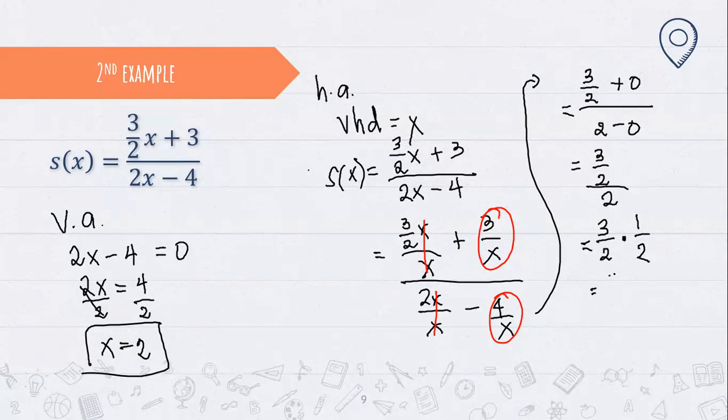So, 3 times 1 is 3. 2 times 2 is 4. So, our horizontal asymptote is, by the way, class, y, kasi s of x is y, is equal to 3 over 4 or 3/4. Ayan siya. Sige, ipakita natin kung paano siya igagraph.